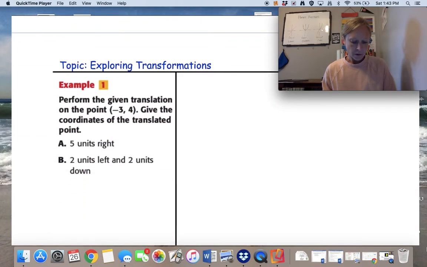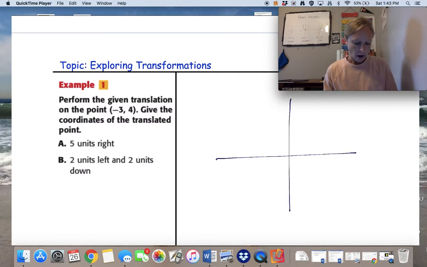Okay, so let's look at this first example. If we want to translate a point 5 units to the right, let's just take a look at the graph. We'll plot the point -3, 4 and label it.